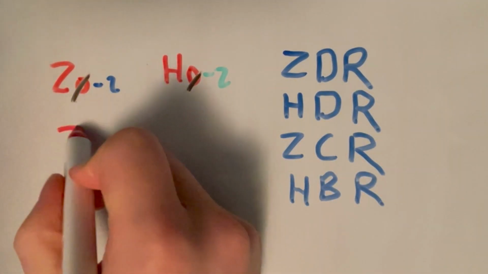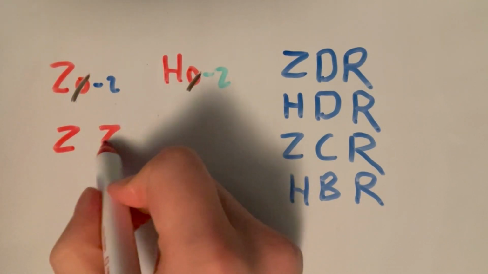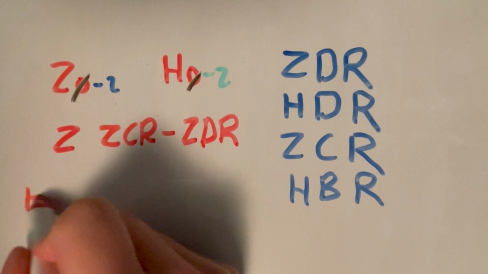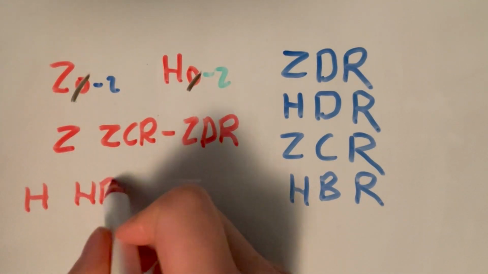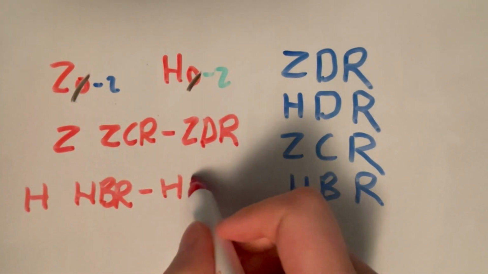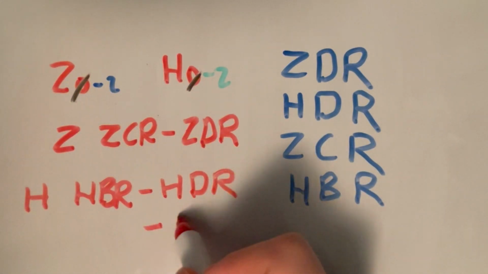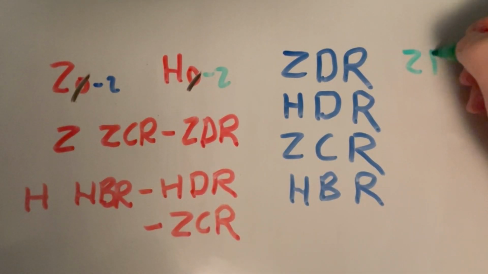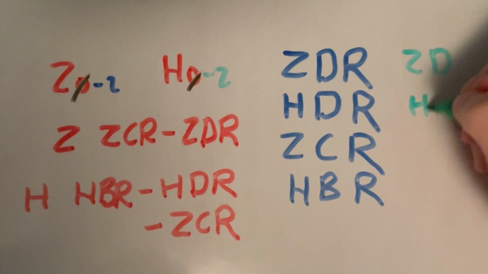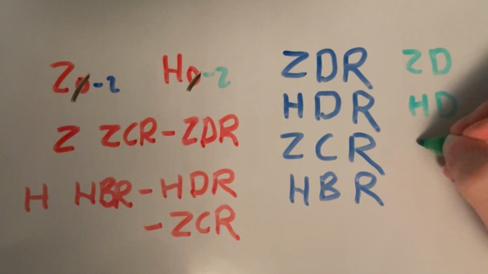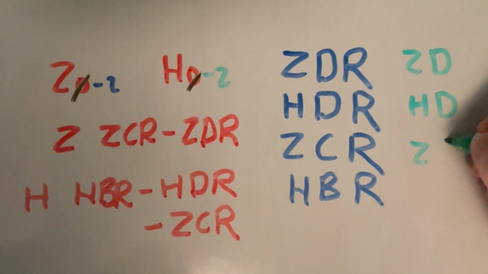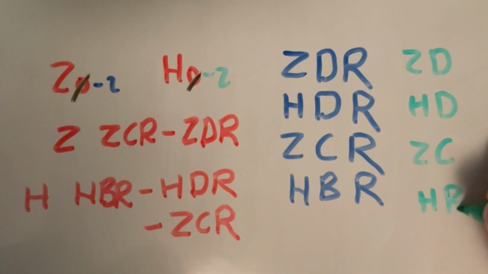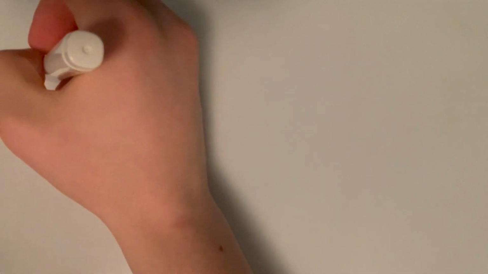Z is represented by ZCR minus ZDR. H will be represented by HBR minus HDR minus ZCR. These are merely the rates and not the amounts. The totals can be represented by zombie deaths, human deaths, not zombie related, zombies created, and humans born. In other words, ZD, HD, ZC, HB.